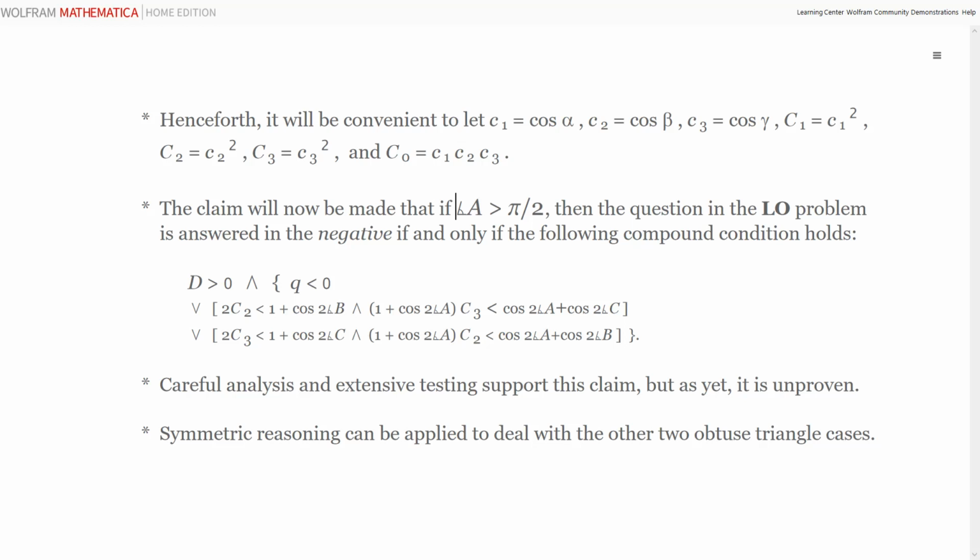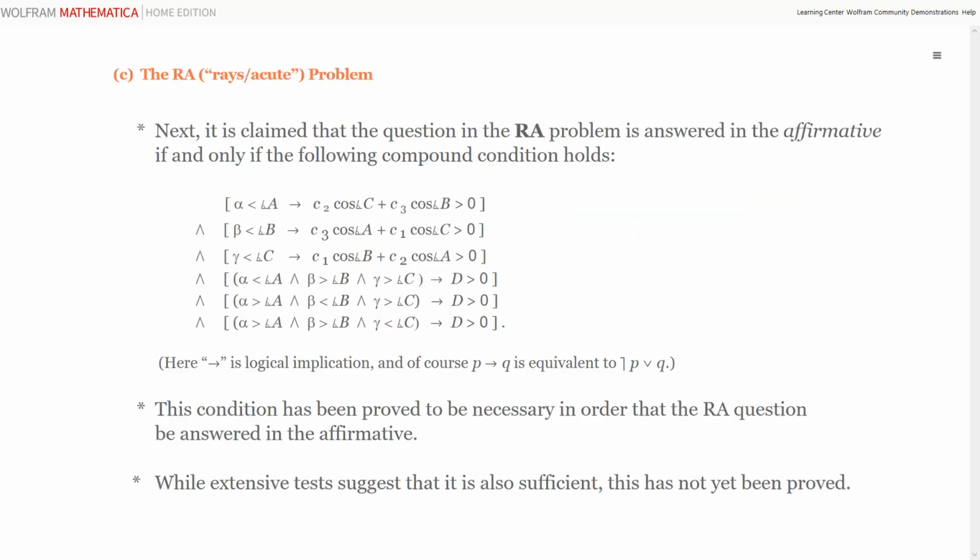Well, you simply permute the symbols, right? We can let angle A go to angle B, go to angle C, go back to angle A, and also alpha go to beta, go to gamma, go back to alpha, and that cyclic permutation will take care of the other possibilities, right? So, okay, let's move on.